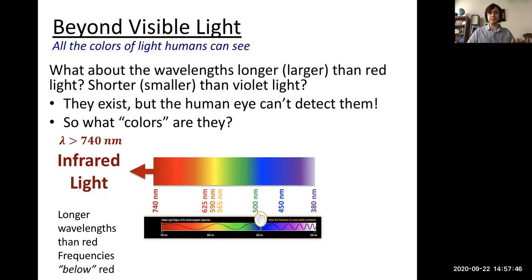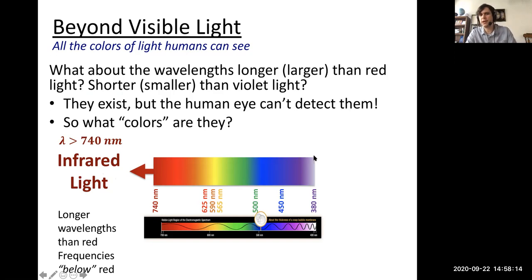So frequencies smaller, or below the red light frequency. Bigger wavelength equals smaller frequency. So even smaller than that, you're talking about wavelengths longer than red light. You get used to it after a while, I promise. So if we go to longer wavelengths, smaller frequencies than red light, we're going below red, we're going infrared.